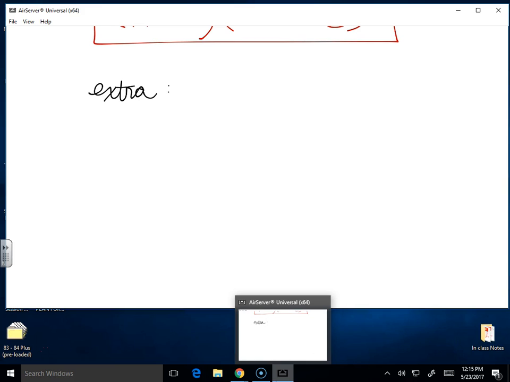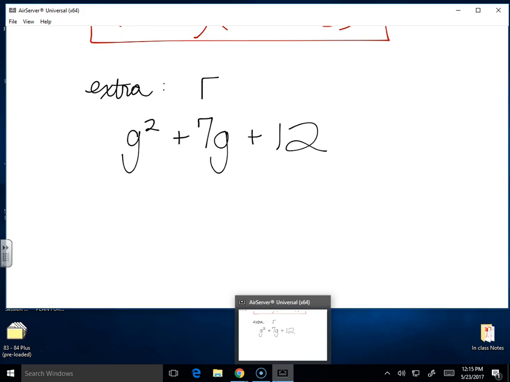What if I was to give you g squared plus 7g plus 12, and the directions were to factor. Give everyone a second. Make your x.